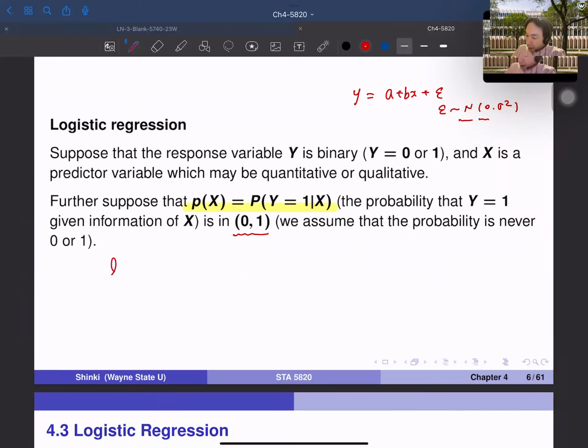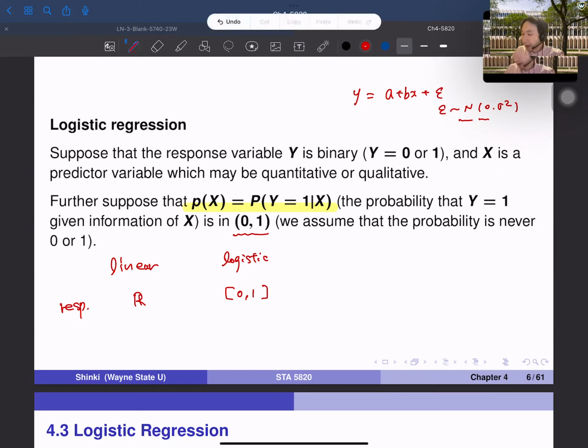And okay, so linear regression response is in R, and logistic regression is in 0-1. But if we use the closed interval, this is not homeomorphic. So we don't have a continuous 1-to-1 map from R to the closed interval 0-1. That is problematic, so we use the open interval 0-1.